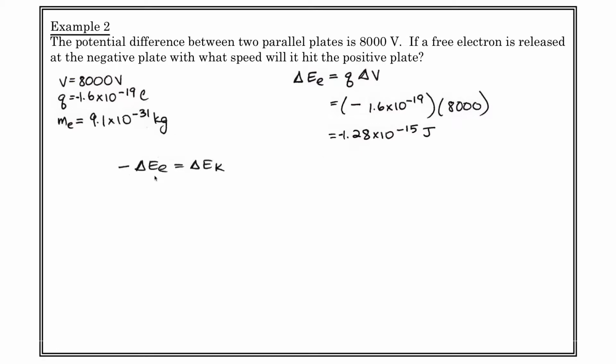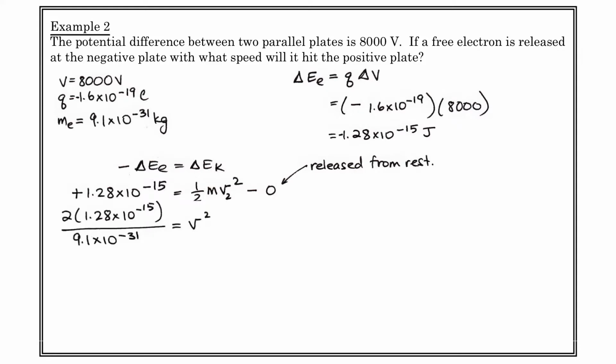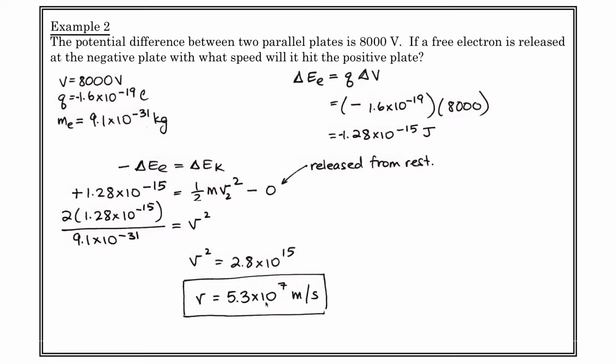So we're going to turn the potential energy into kinetic energy. The negative and the negative will cancel to give us a positive. We know it was released from rest. We can make our substitution for mass, take the square root, and we get 5.3 times 10 to the 7 meters per second.